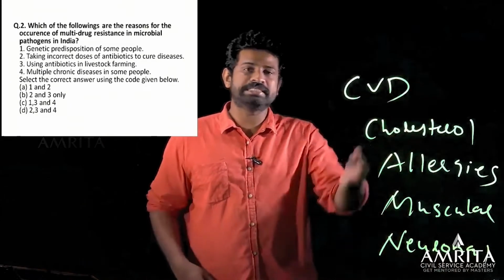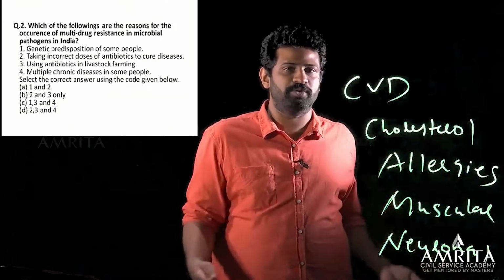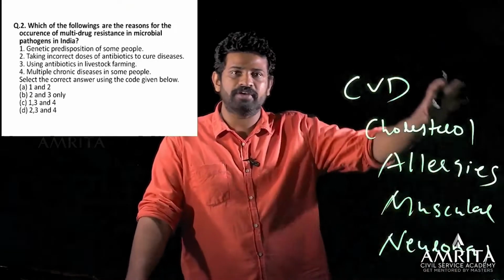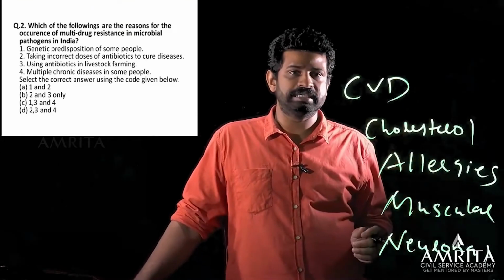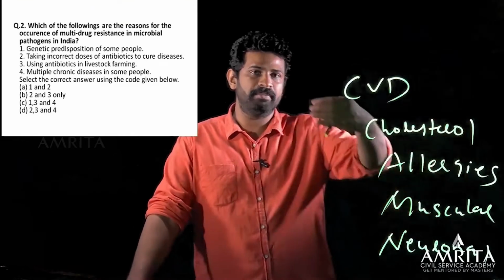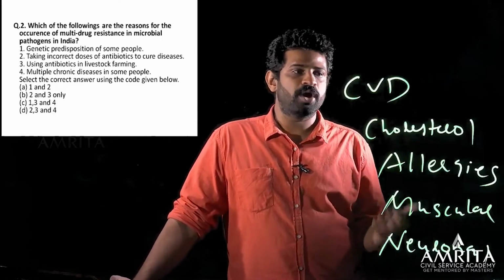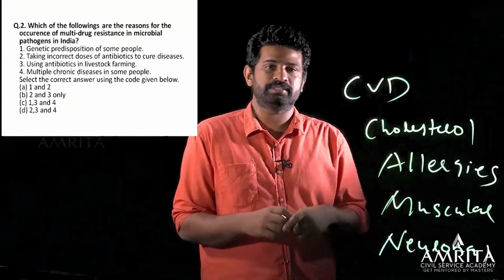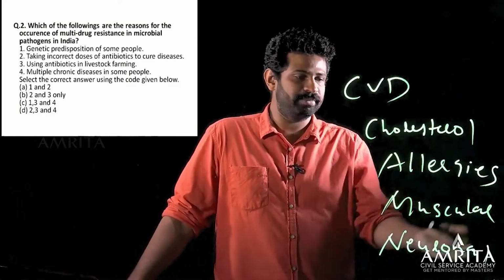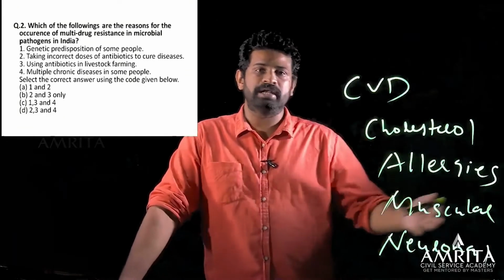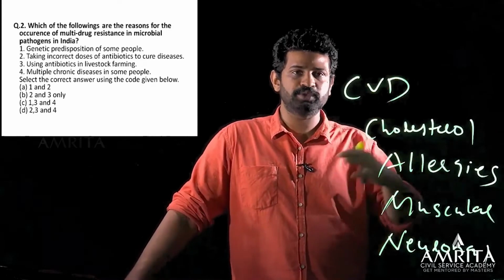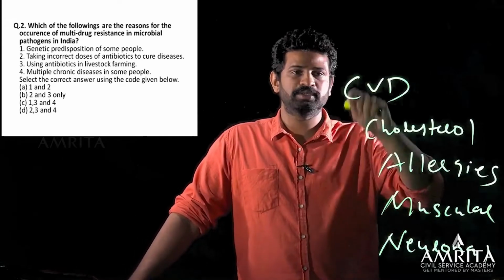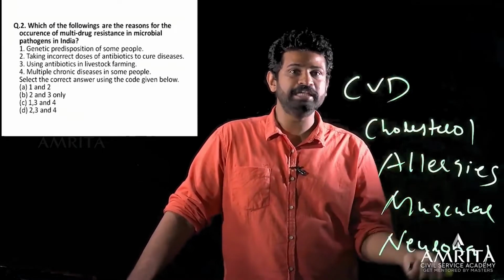These are all a set of diseases a single person can have, and most of these could be chronic in themselves. So what would happen when you have a different set of diseases? You would have to be given medicines for all of these things, right? Most of these might not be diseases that respond to antibiotics, but if you have a set of chronic diseases which would respond to antibiotics, you would generally be given some broad spectrum antibiotics, because you can't have a separate antibiotic for each of the diseases, right?